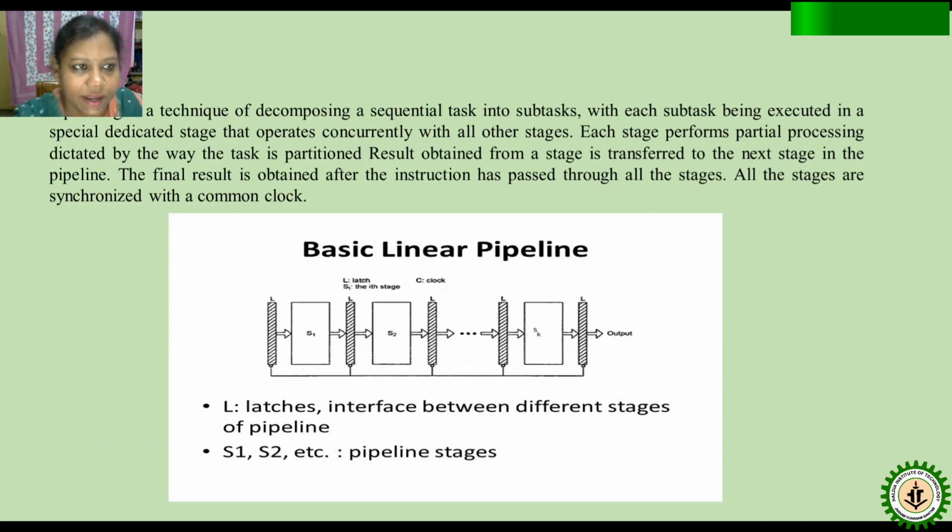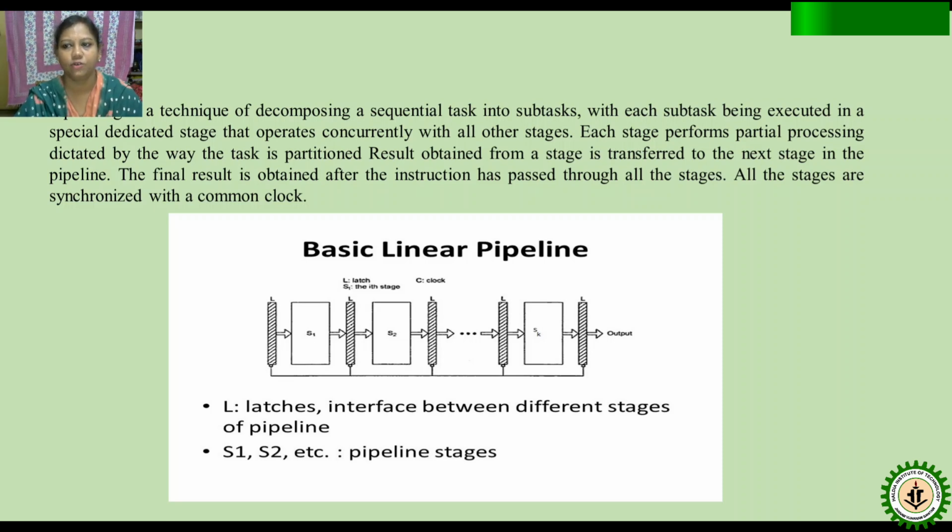Now coming to the main topic, that is, what is pipeline. First I will tell you the general definition of pipelining. Pipelining is a technique of decomposing a sequential task into subtasks. All the terms are important, with each subtask being executed in a special dedicated stage that operates concurrently with all other stages.